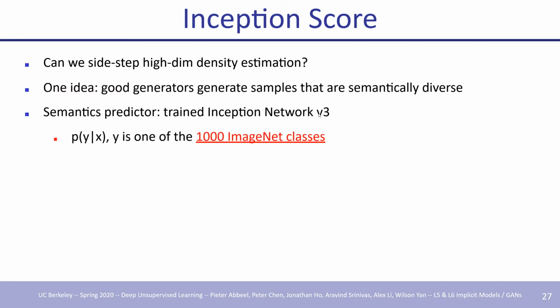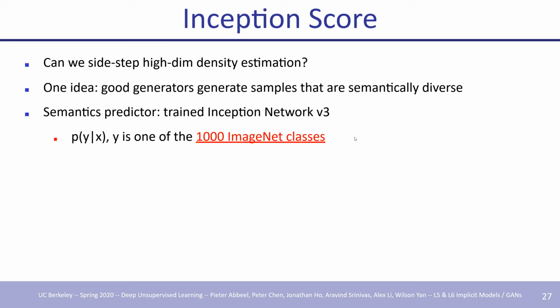And so what they're doing is, in inception, let's call it p(y|x), meaning if you give it an image x, it will give you a vector y of length 1,000.